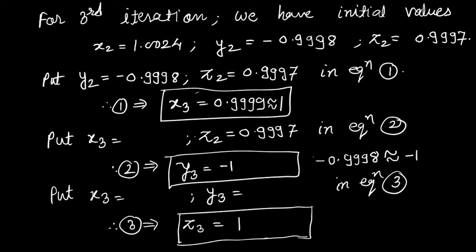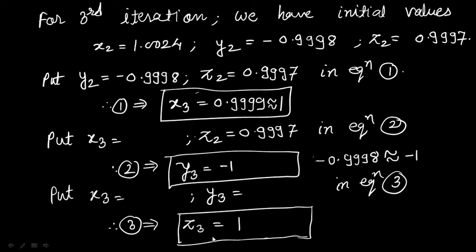Now continue this process and find the values of x3, y3 and z3. Here the x3 value is 0.9999, which is approximately equal to 1. Now y3 is equal to minus 1. Some of the students get the value minus 0.9998, which is also approximately equal to minus 1.